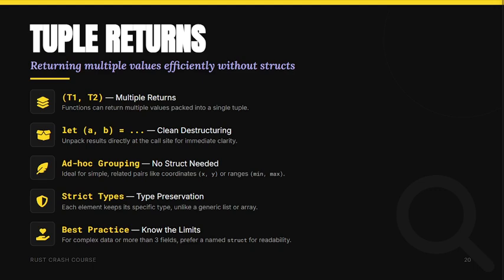Fifth, best practice, know the limit. For complex data or more than three fields, prefer a named struct for readability. Tuples with many elements become confusing. You access them as .0, .1, .2, and so on.